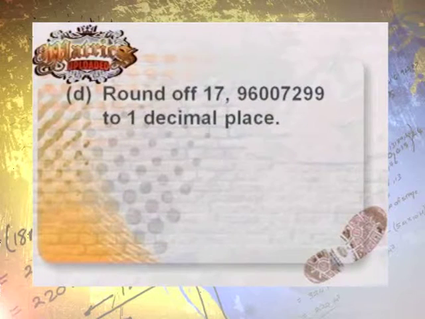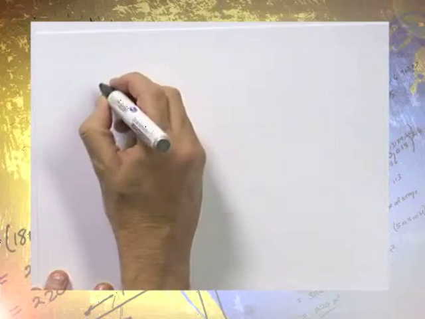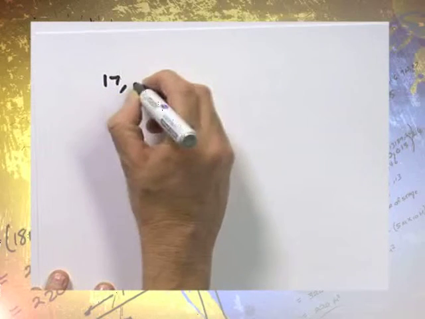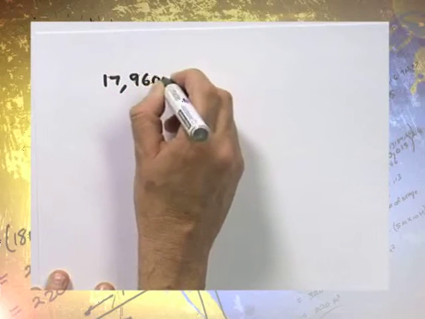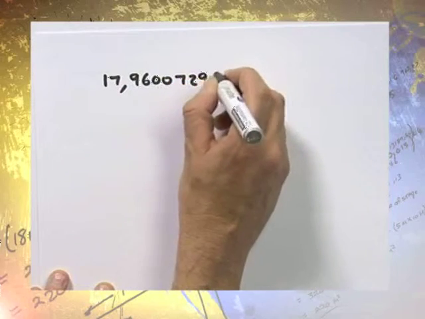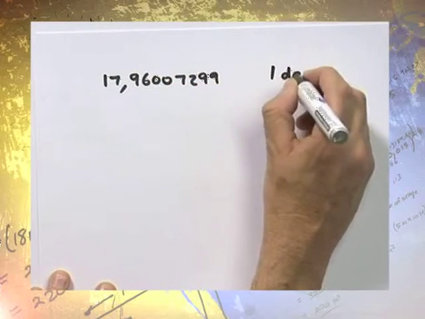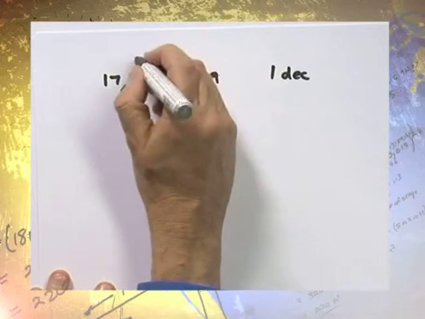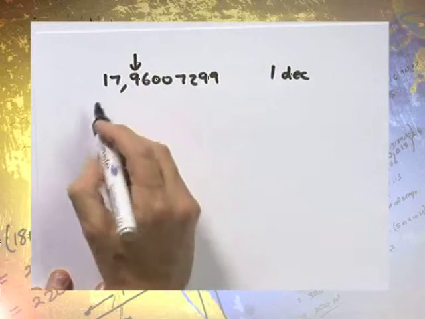Okay, another one. Let's write this on a sheet of paper quickly. We've got 17,96007299, and we're rounding off to 1 decimal place. Now, careful.